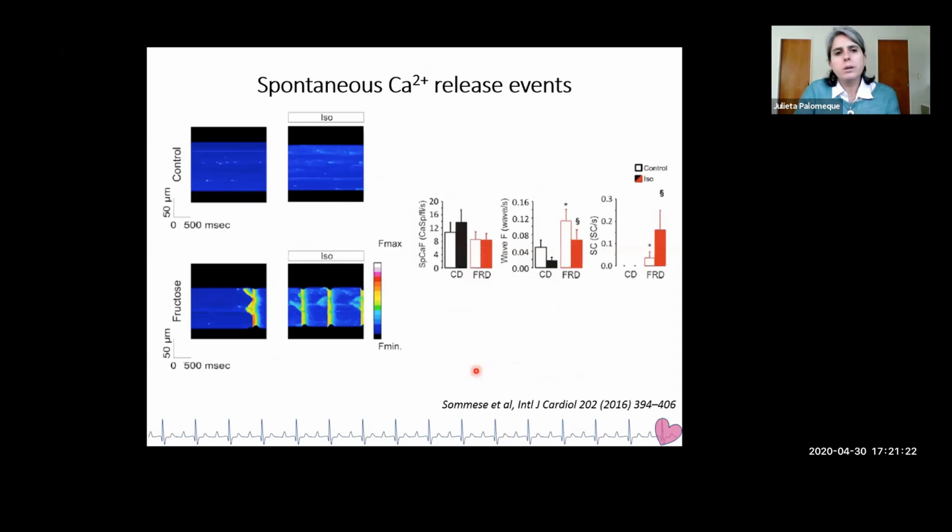So we went deeper into these spontaneous calcium release events, and we examined them under confocal microscopy, and we can see that the sparks frequency is not different between the groups, but we have several waves that are so pronounced that they finish in a spontaneous calcium transient, which makes possible a spontaneous contraction, and this is magnified by isoproterenol.